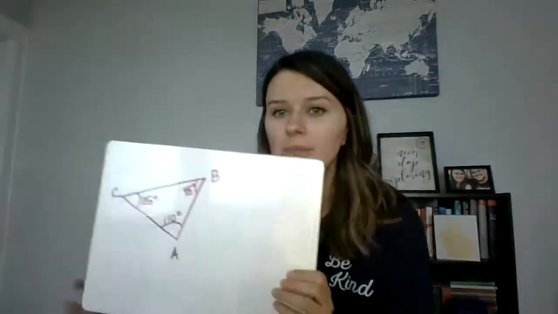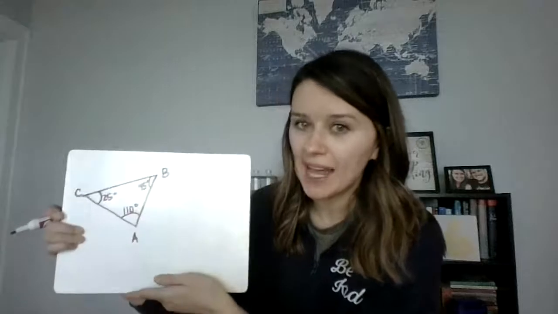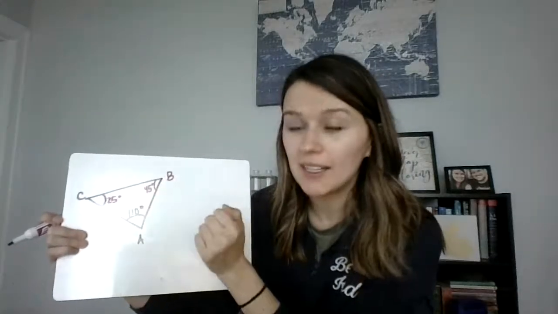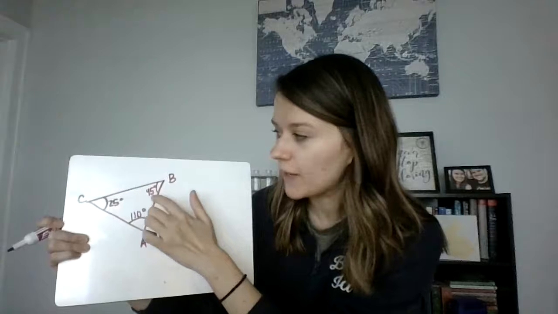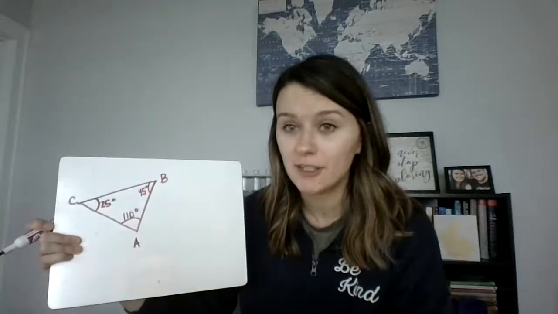It's not going to be perfect, but that is okay. All right, so here is our triangle. We have points A, B, and C, and I can see that all of my angle measurements are labeled. So I have a 45-degree angle, a 25-degree angle, and a 110-degree angle.